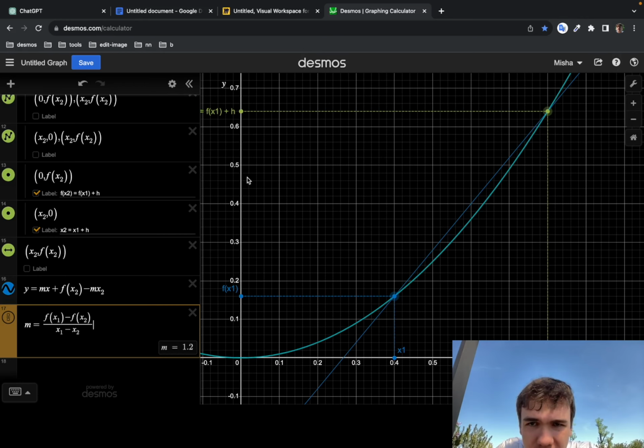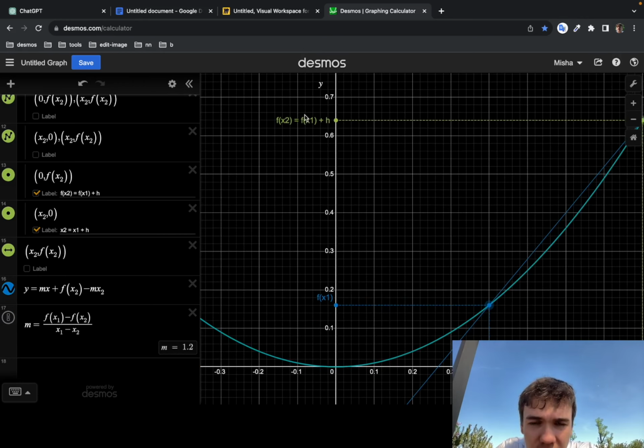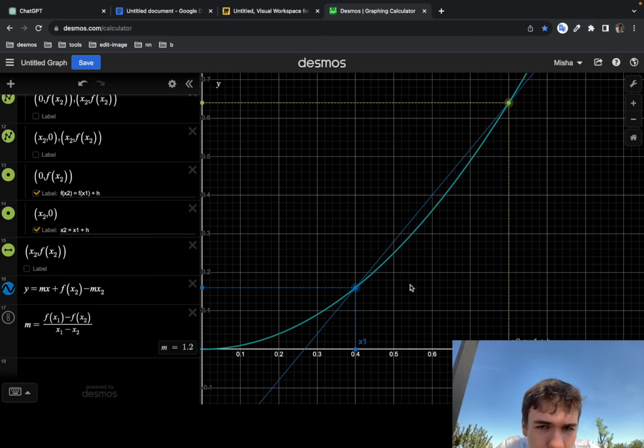As you can see, our rise is f of x2 minus f of x1. We get this h from here. So this is our rise, and our run is this distance, or we can represent it a bit lower from our point. It's basically x2 minus x1, and we get this h, because x2 minus x1 results in h. This is the distance between them.